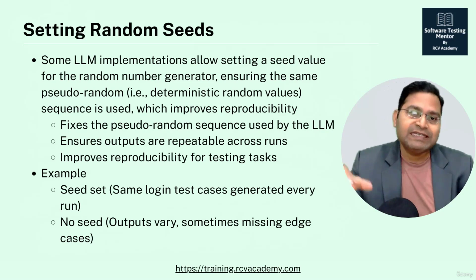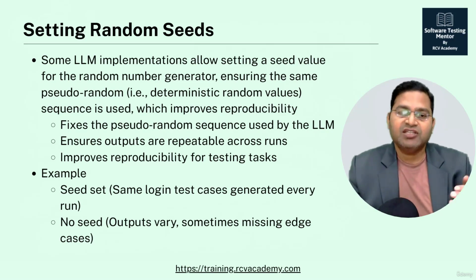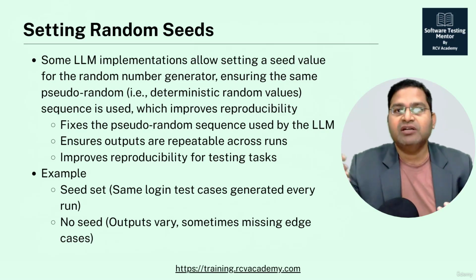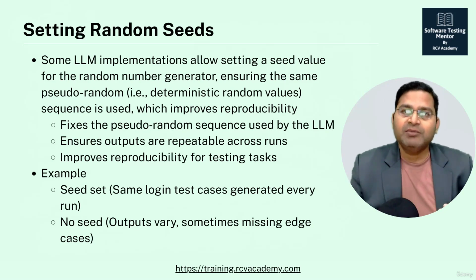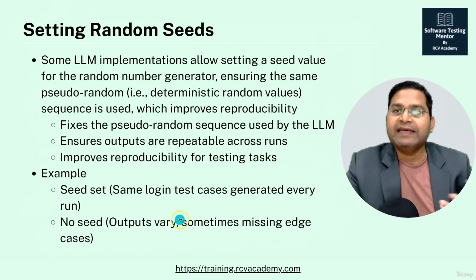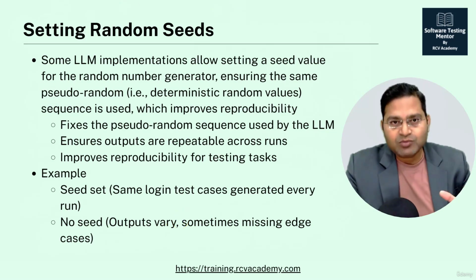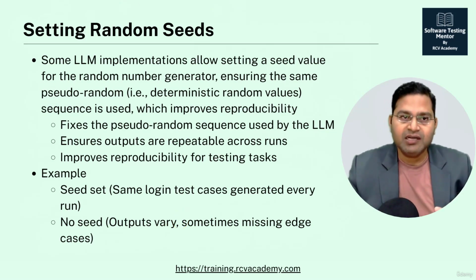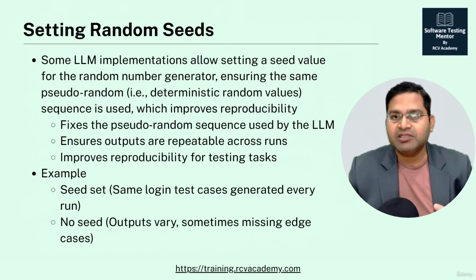For example, if the seed is set, the same login test cases are generated every run. If you say generate the login test cases for this requirement and you provide the requirement, you will see similar or more deterministic test cases generated every time. If you do not set this, then outputs vary, sometimes missing the edge cases as well. So here as well, there is no right and wrong as such in LLMs. You need to find the balance, and this is an LLM-specific setting to control the non-deterministic behavior of the LLMs.